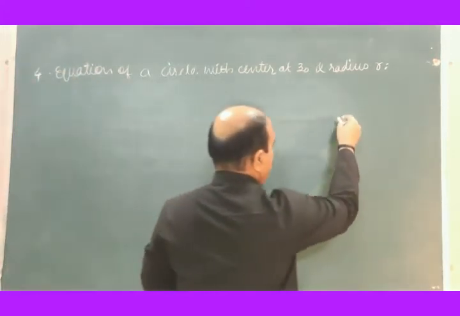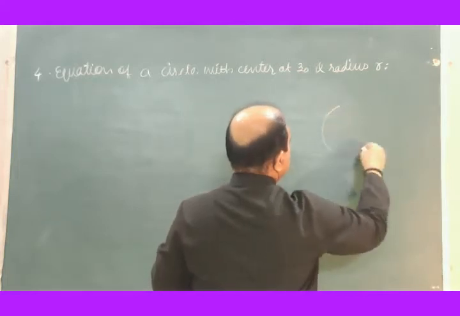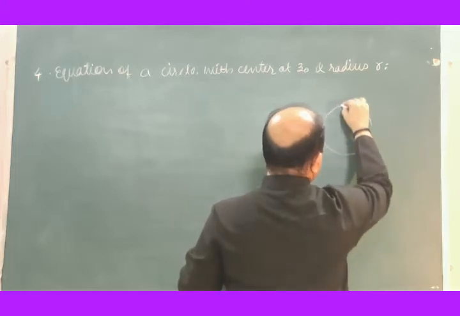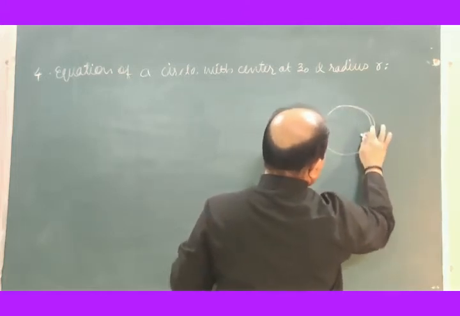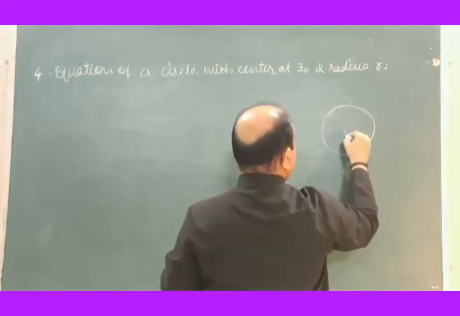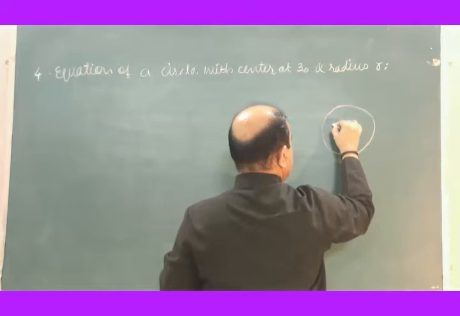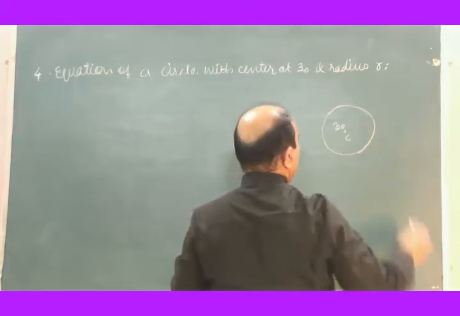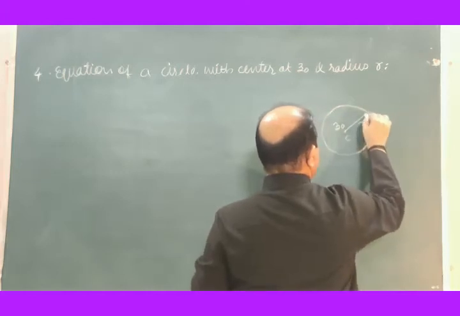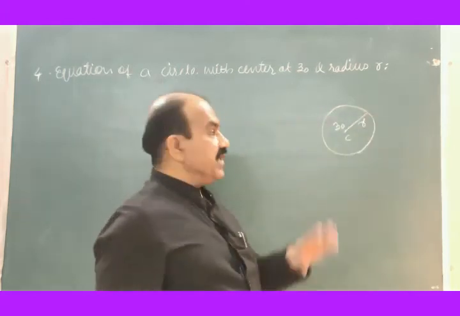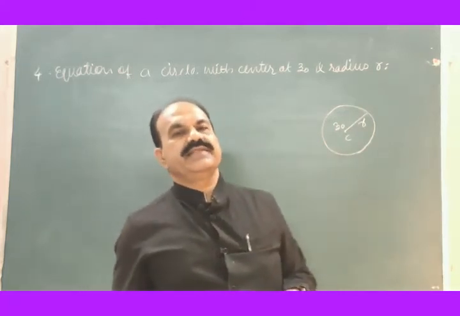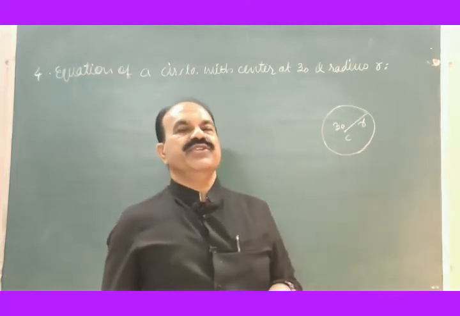Let us consider a circle. Center point C represented by complex number Z0, radius r. This is the given circle, and we are asked to find the equation for this circle.